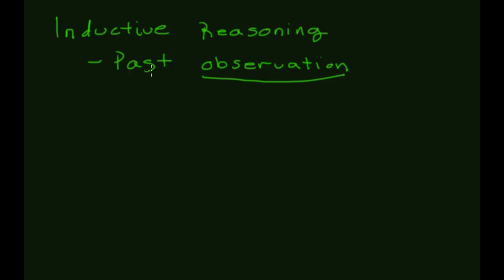So, if I give you a little kid's pattern like red, red, blue, red, red, blue, red, red, and asked, what do you think is the next space? Then you can make an observation. It looks like it's 2 reds followed by a blue, 2 reds followed by a blue, 2 reds, and a pretty logical conclusion to draw here would be that this is going to be a blue.